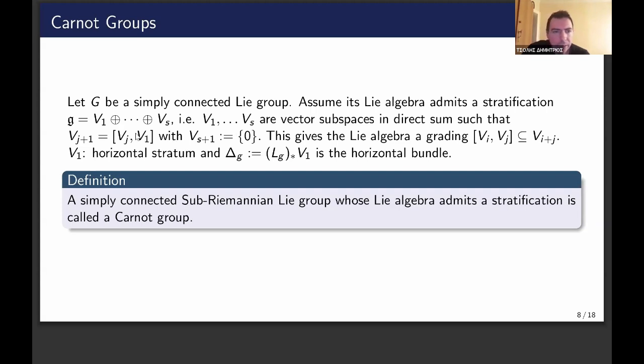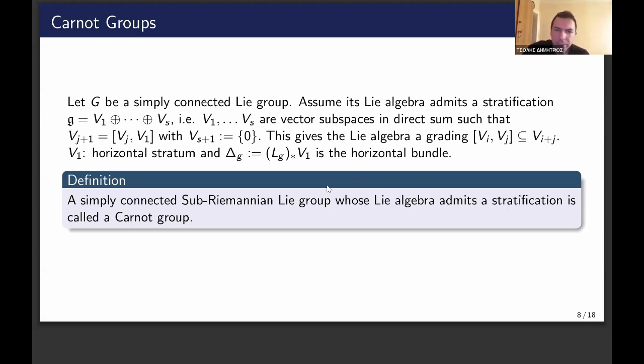Then we demand that it satisfies this relation, so that V_{j+1} is the Lie bracket of V_j and V_1, and eventually this terminates at V_{s+1}, which will be just the zero algebra.